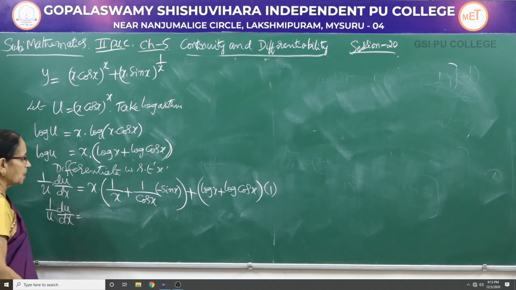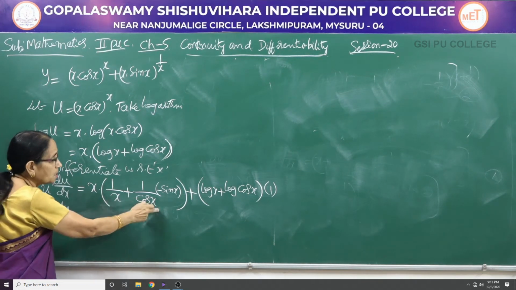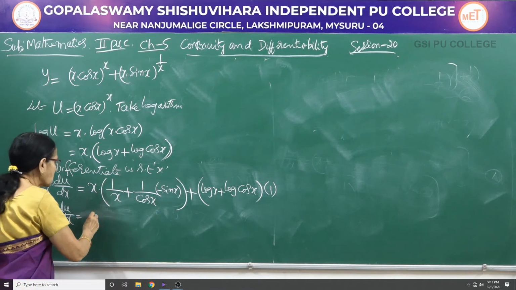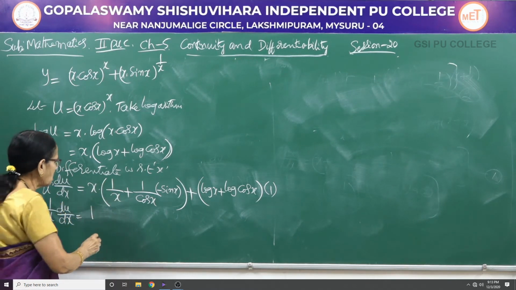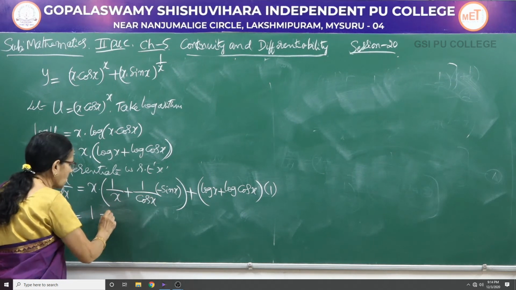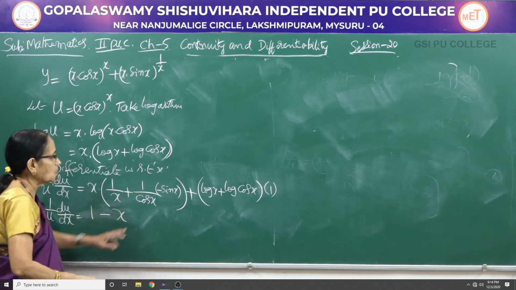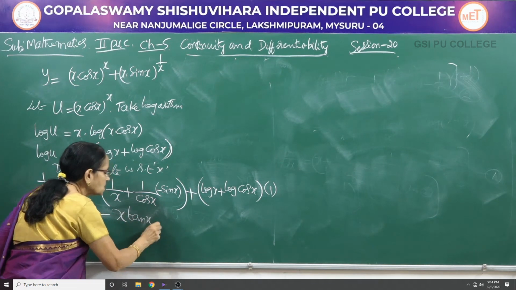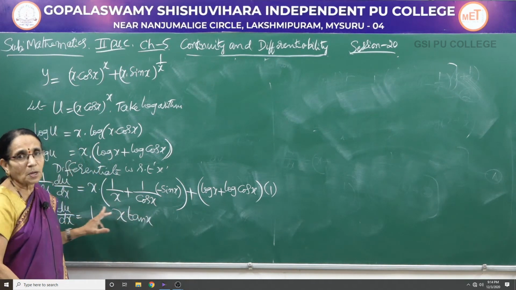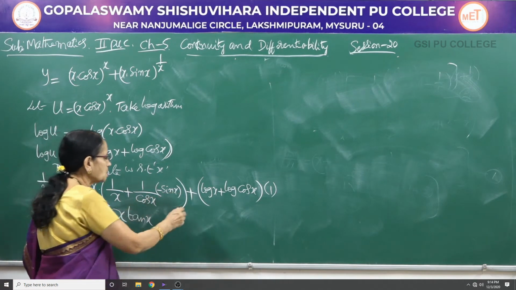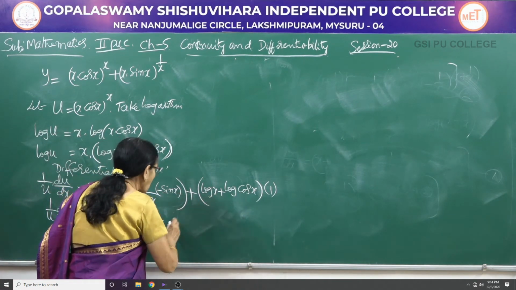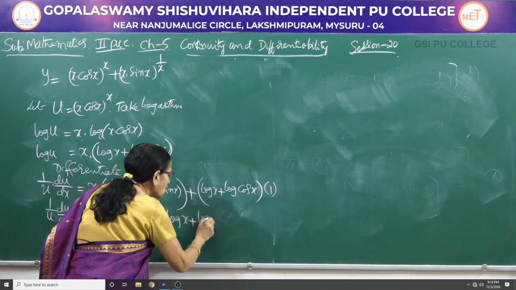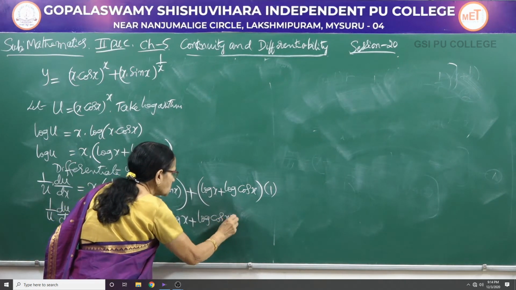Now you can multiply and write it like this. 1 by u into du by dx: multiply only the first two terms by x. x into 1 by x, the x and x get cancelled, and we get 1 here. And plus of minus, x into sin x by cos x is tan x. Only these two have to be multiplied by x, and the other two terms are written as they are, log x plus log of cos x.